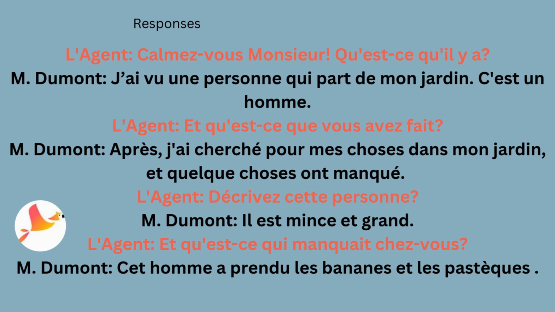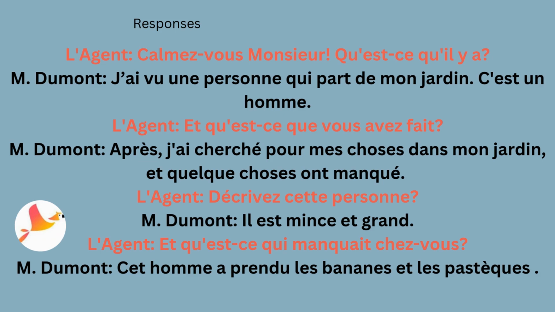We're looking at the responses. So we have a dialogue where I have highlighted in orange everything the police officer says. So what Mr. Dumont says is everything the student wrote. And we'll have a little discussion on the dialogue.